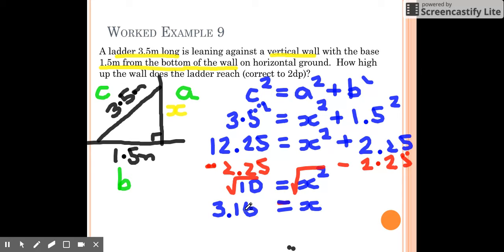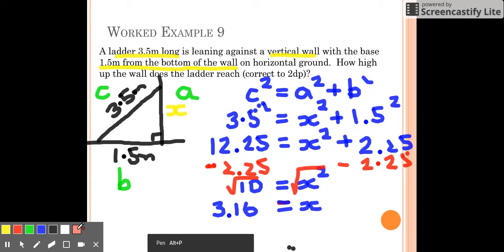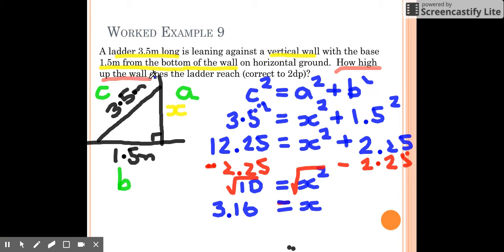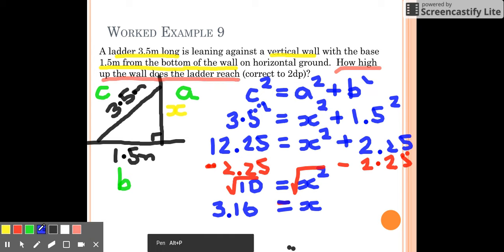3.16. Now, the question actually says, now this is where I've got to be careful. The question actually says, how high up the wall does the ladder reach? So I actually have to answer that question, okay, in words.